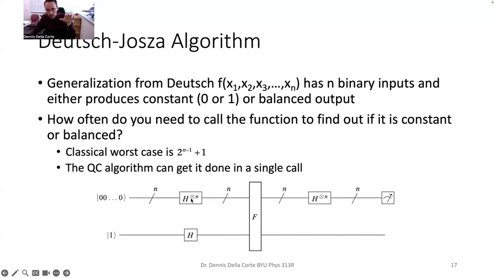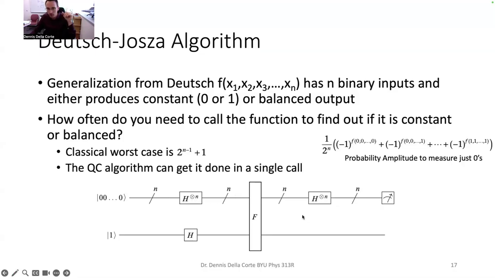So if you run that state through that Hadamard to the power n, if you want to think about it like that, then it's doing something very similar to what we have seen in the one-dimensional case. It is going to produce at the end probability amplitudes for the different states. And the probability amplitude after running through f and then running again through the Hadamard gate will look something like this.